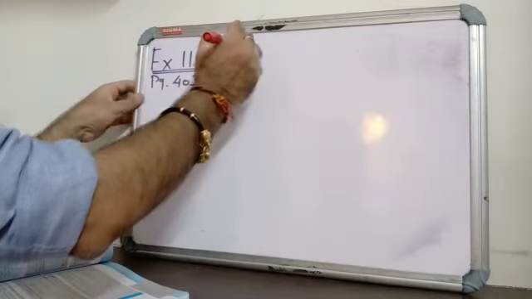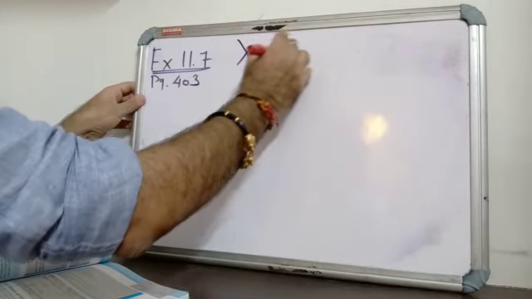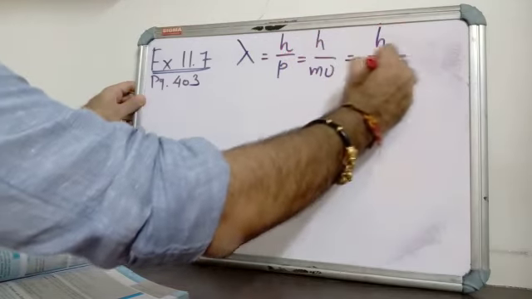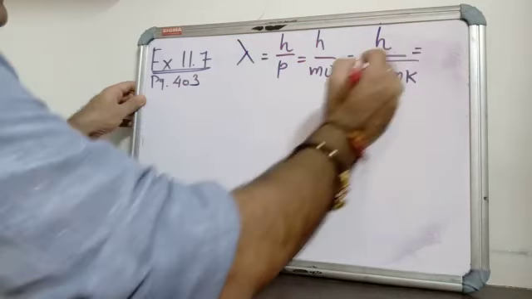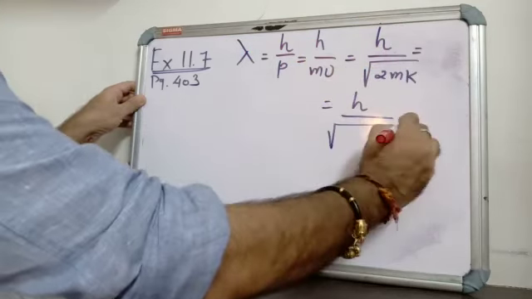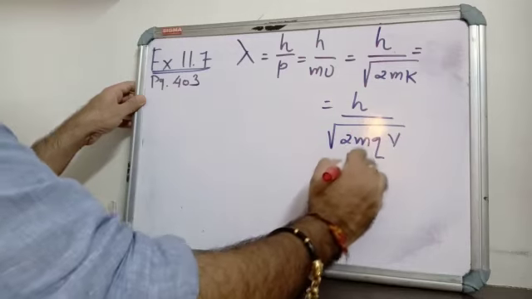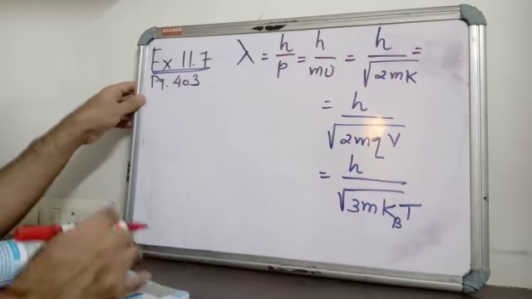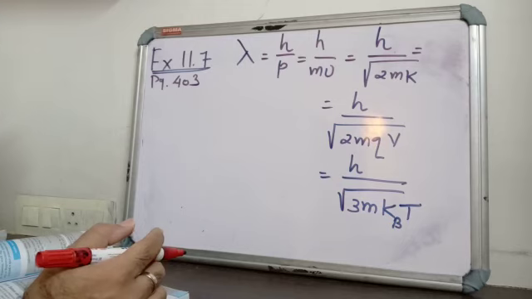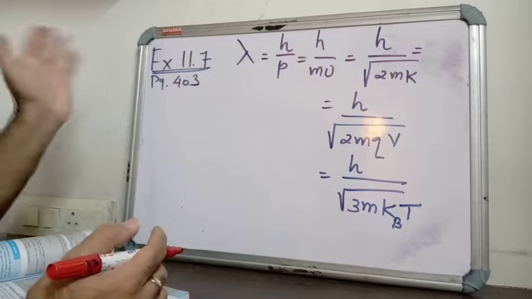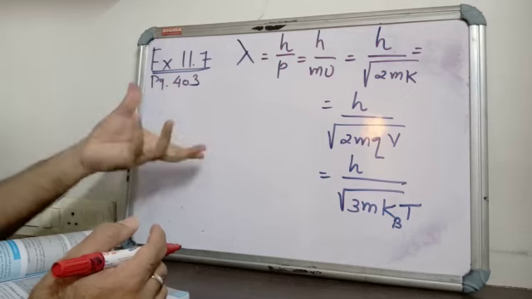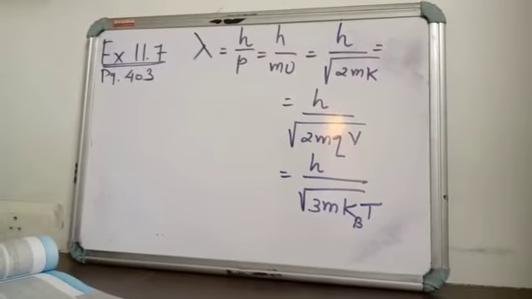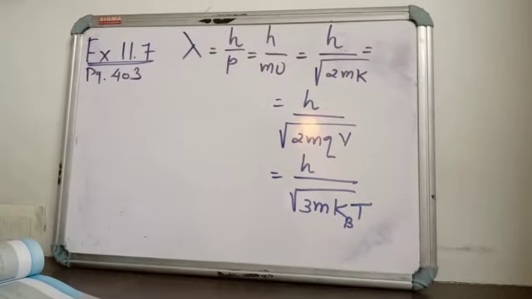You have to keep all these equations in your mind: lambda is equal to h upon p is equal to h upon mv is equal to h upon under root 2mK is equal to h upon under root 2mqV is equal to h upon under root 3m kBT, right? According to these equations we have to decide which one we are going to use. So example 11.7, let's go through it, and you decide which equation to use.